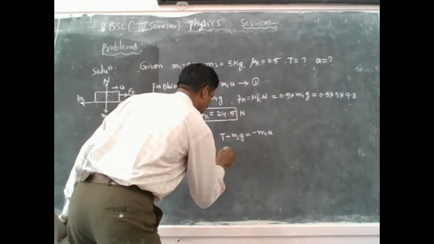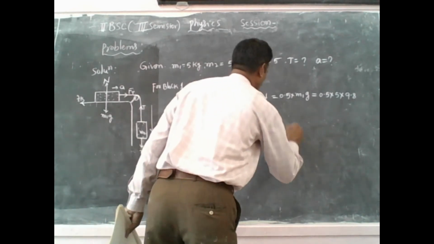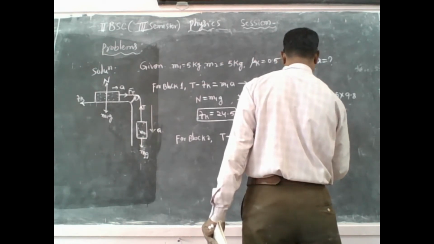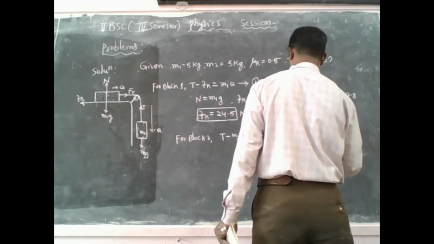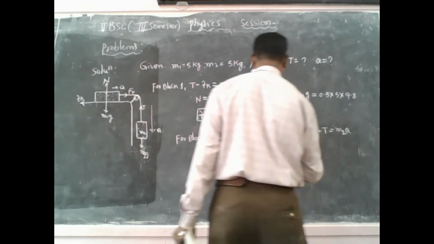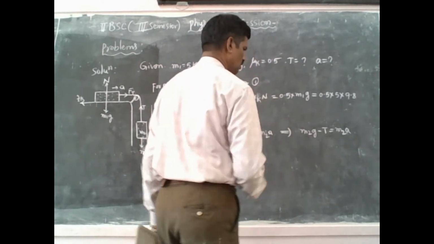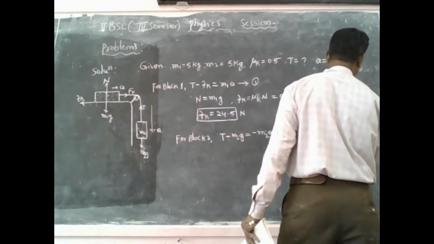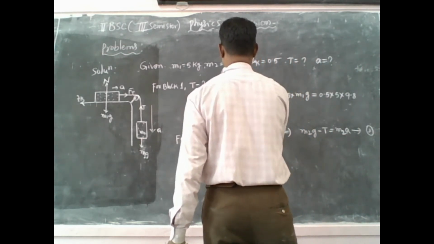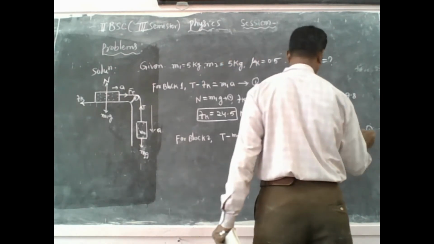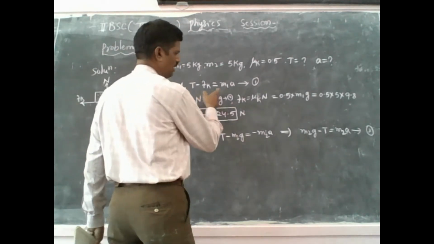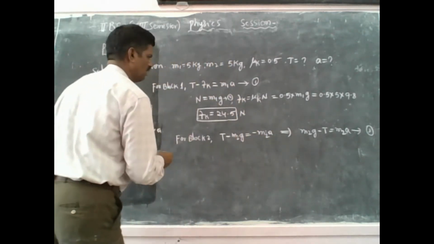So therefore, we can rewrite this equation as M2G minus T equals M2A, isn't it? This is equation number 3, and here is equation number 2, and here is equation number 3, isn't it? So therefore, equations 1 and 3 we can add.